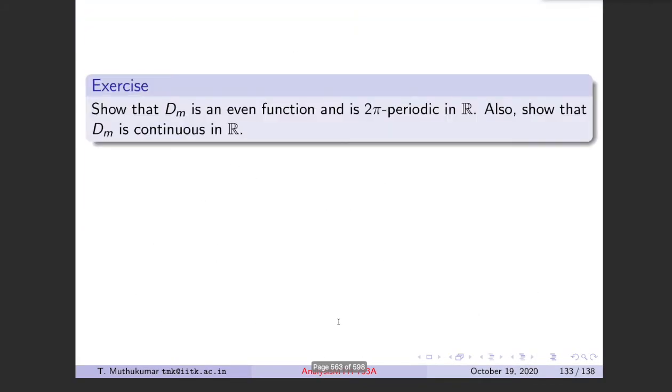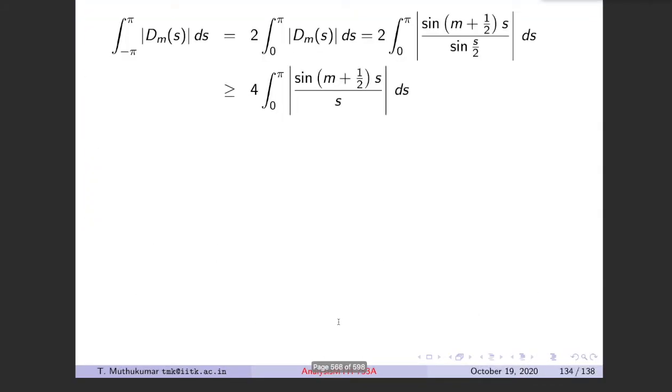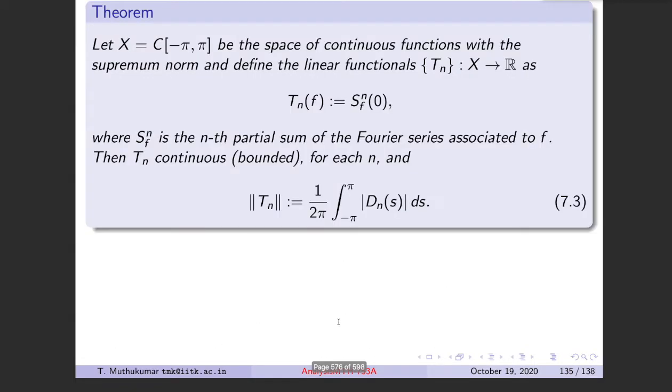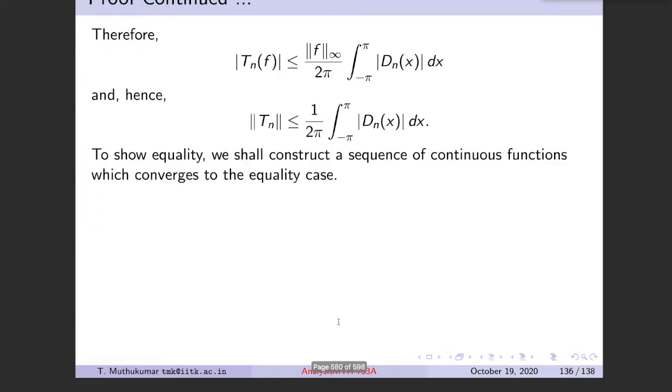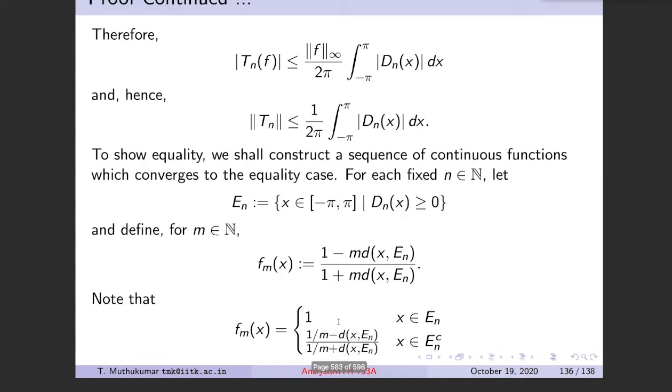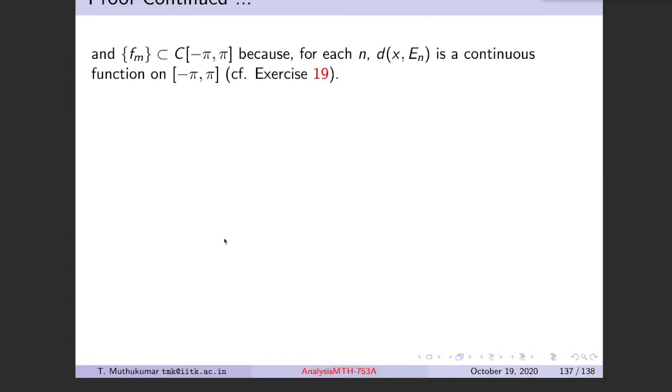Okay, so where are we? Yeah, proof of the theorem. So we have a sequence of continuous functions from minus pi to pi. We have already shown this, but you can verify it for yourself.